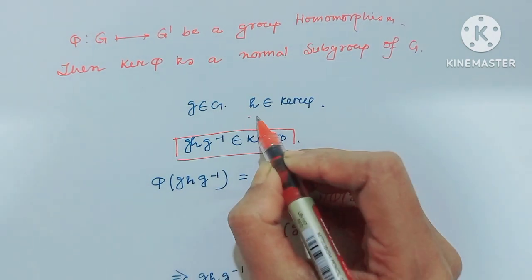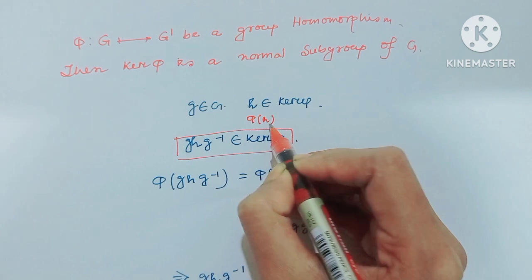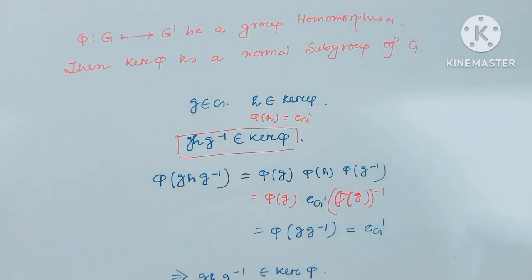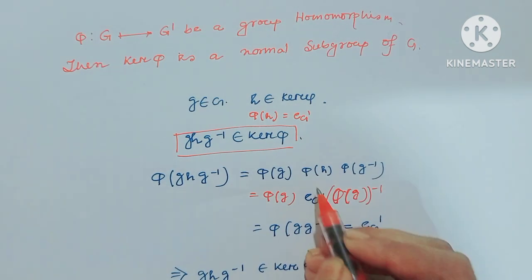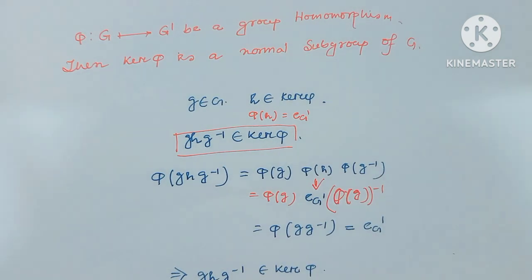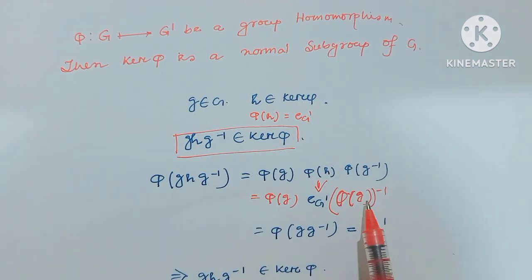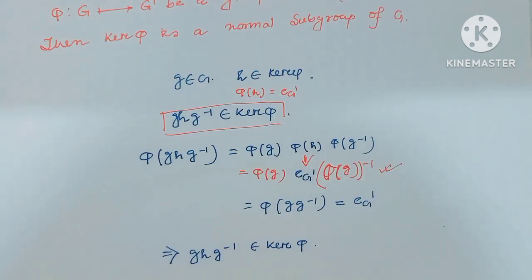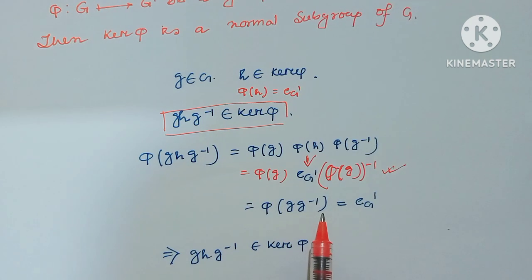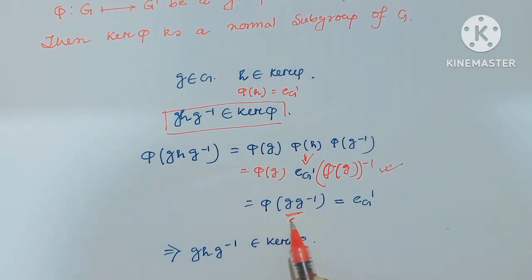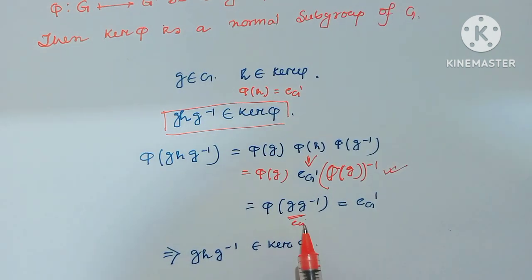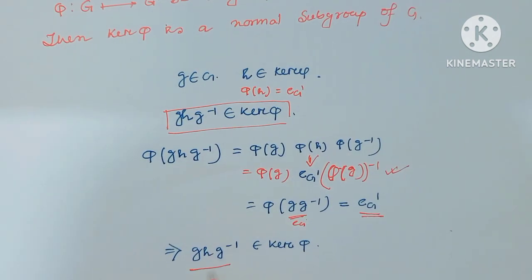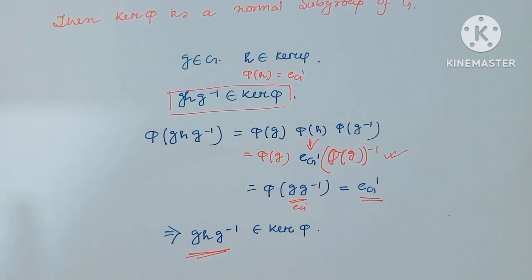And since h belongs to ker phi, that means phi h is equal to e dash, the identity of G dash. So this is phi g times e dash times phi g inverse, and by the property of homomorphism, this is equal to phi of g g inverse, which is phi of e, equal to e dash. So that implies g h g inverse belongs to ker phi.